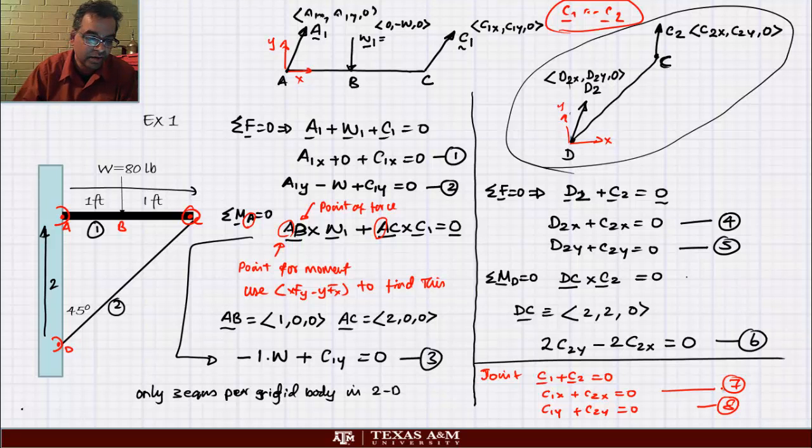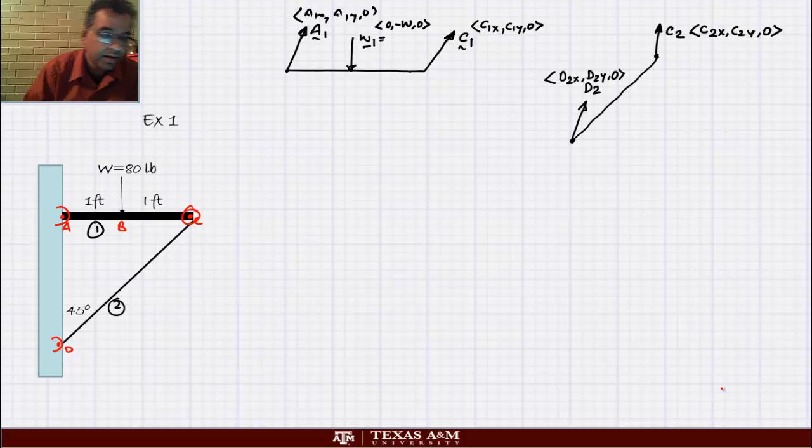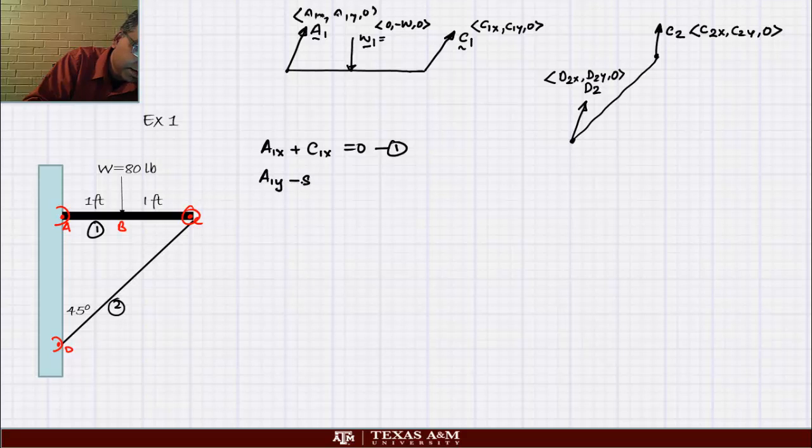Okay, so let's do this right. So here are the 8 equations. A1x plus C1x equal to 0, equation 1. A1y minus 80 pounds plus C1y equal to 0, second equation.